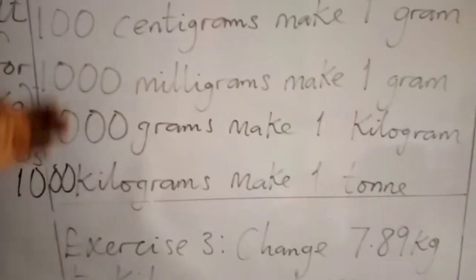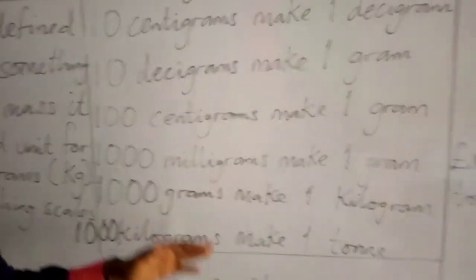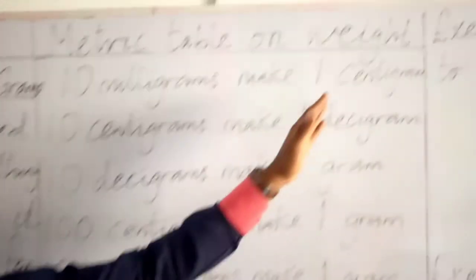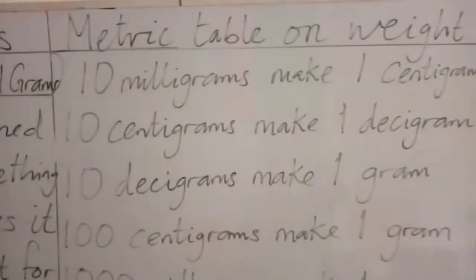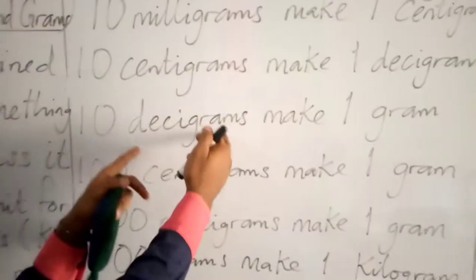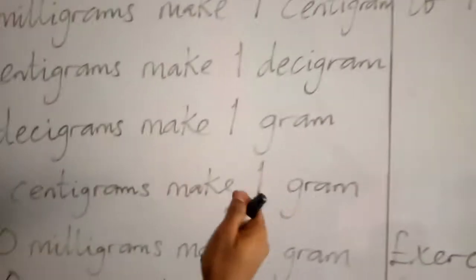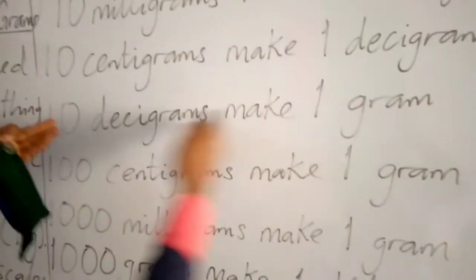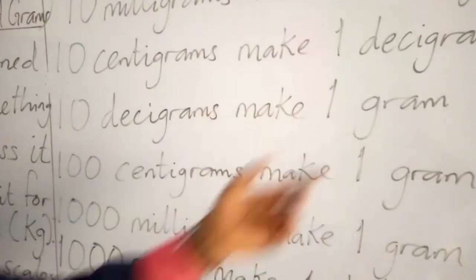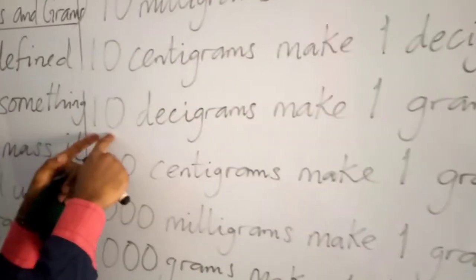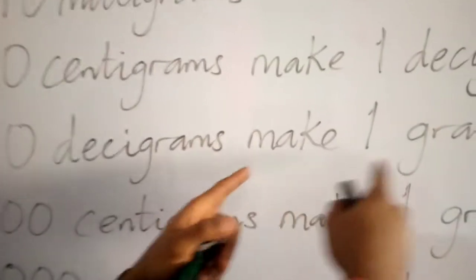Now with this, you will see these are the relationships from one unit to the other. If you are asked to change any unit, maybe from decigram to gram, you come here to pick the relationship between decigram and gram, which is 10 decigrams make 1 gram.